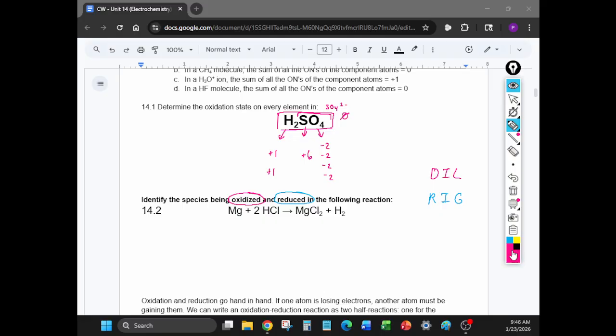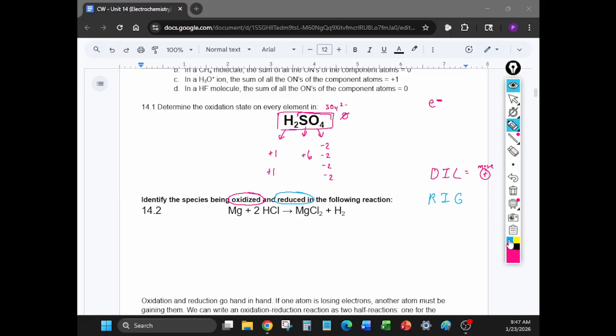Now, let's think about this logically, okay? Electrons are negatively charged, right? So if you are losing electrons, you are losing negativity. And if you lose negativity, you become more positive. Just like how when you get out of this class, you will become oxidized because you will lose a negative influence in me, and you will become a more positive person.